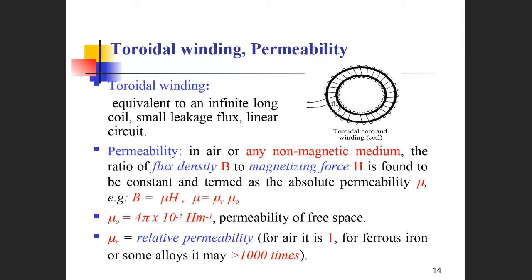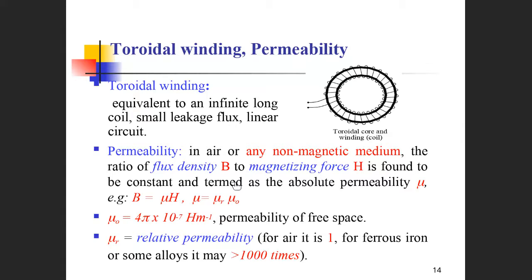Maybe someone has opened some chargers or transformers. When you look inside a small transformer, you find there are thousands of turns of coil wound on a small core. So there are many layers, not one layer. In that case, there is almost no leakage. That's the meaning of it.